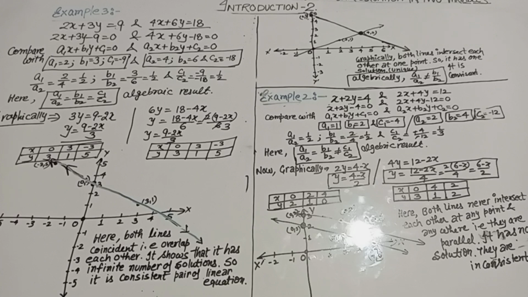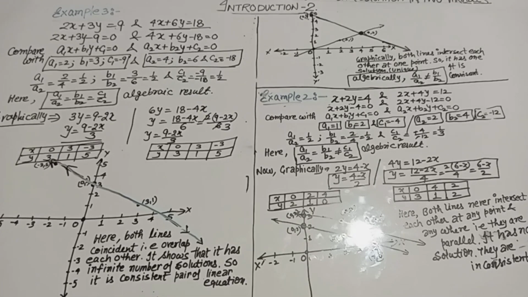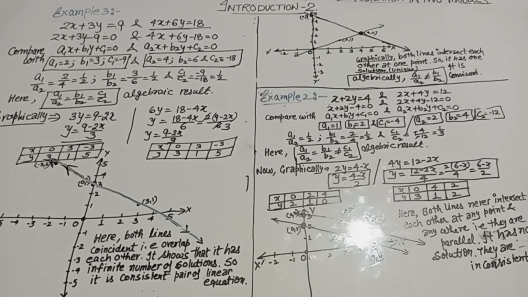It is so important for you from an exam point of view, or for your NTSE and Olympiad maths. So you will pause this video and go through it. And in the next video I will discuss the chart of this algebraic and graphical interpretation. Okay.